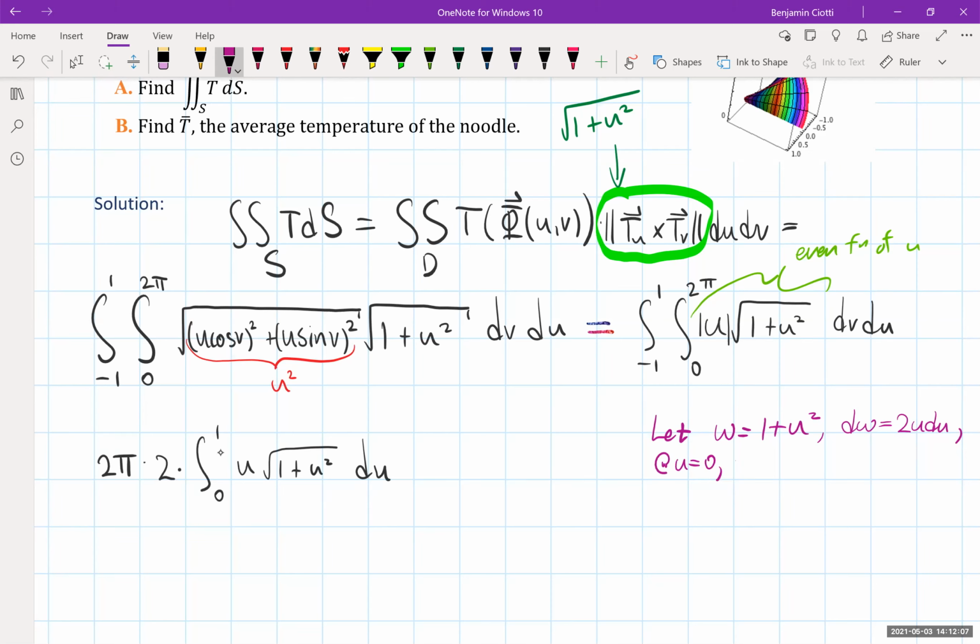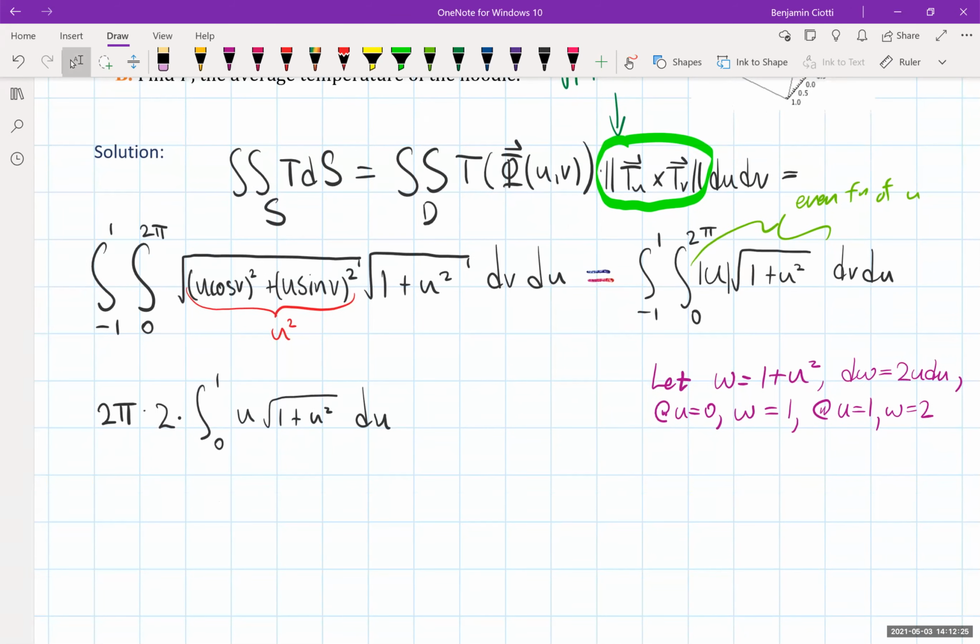When u is 0, w is 1, and when u is 1, w is 2. So then I'm going to get 2 pi times 2 times the integral from w equals 1 to 2.